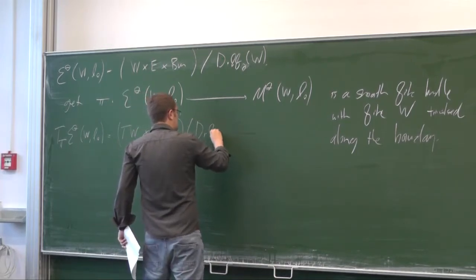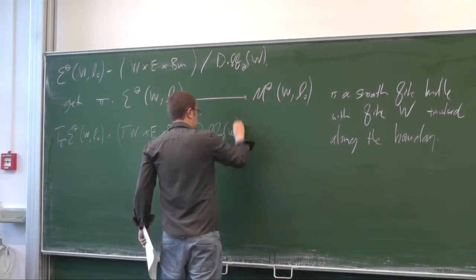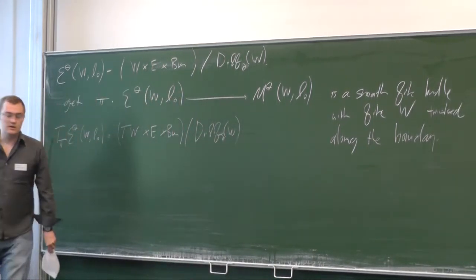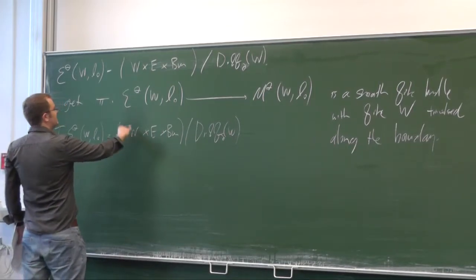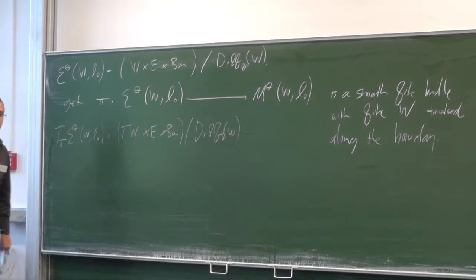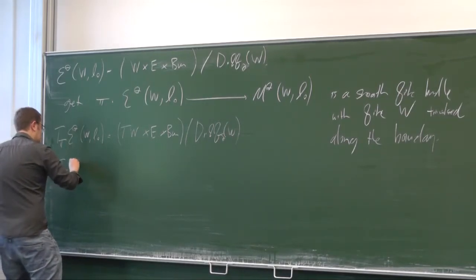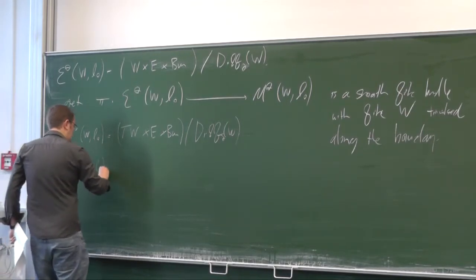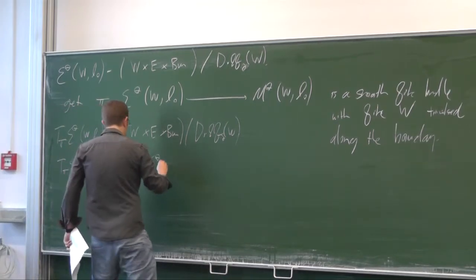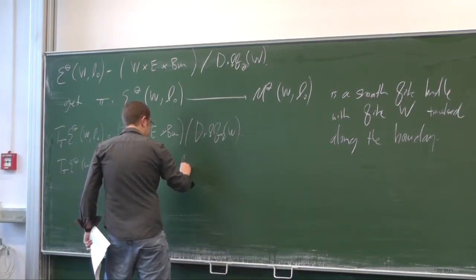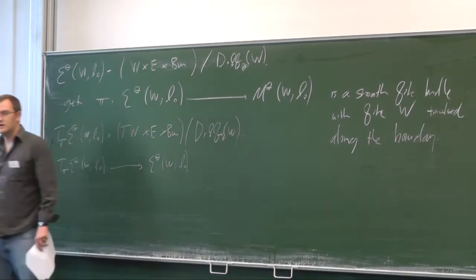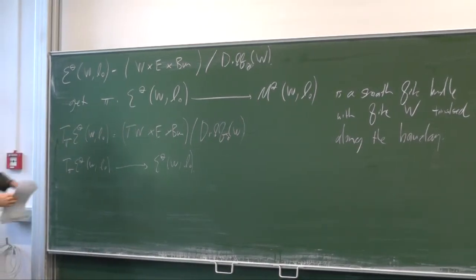And this now, the tangent bundle of W to W, is equivariant with respect to diffeomorphisms, certainly. So you get a vector bundle over this space. And what can we do now?